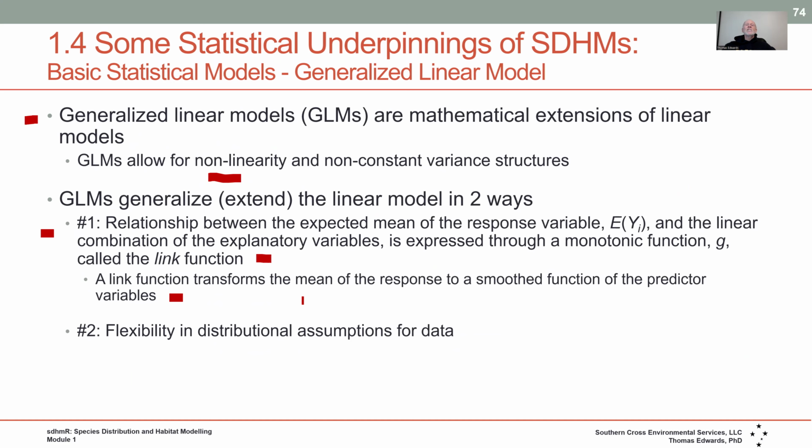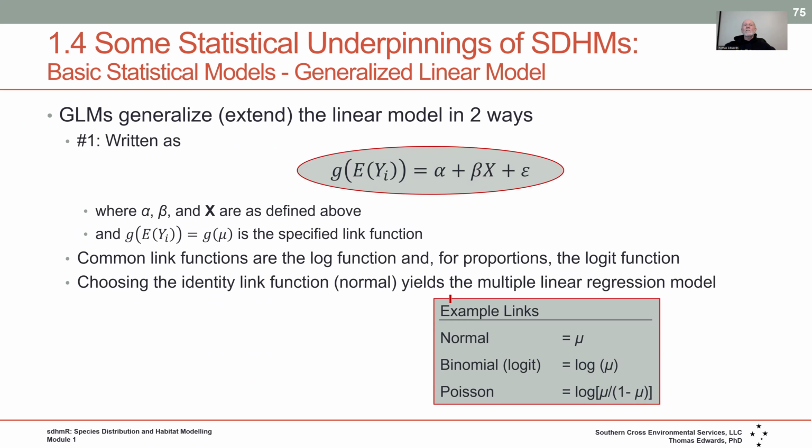The link changes the mean to something else. So that means there's a flexibility in the distribution assumptions. Now, what it looks like is this. This part of the model's the same as a simple linear. This is the same, and all we've done is put something on the outside. This outside here is the link.